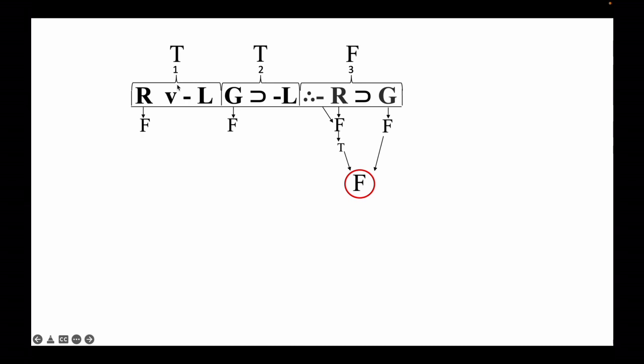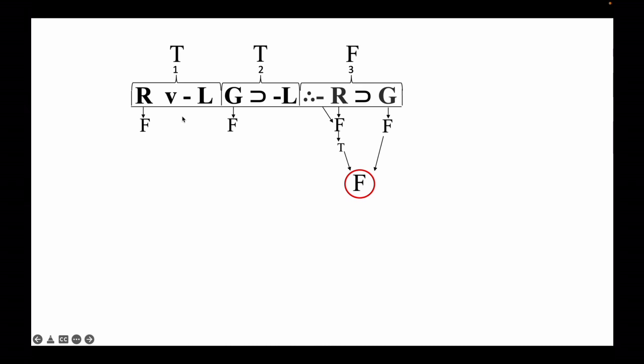Premise 1 can give us a clue because it's a disjunction. And I have the first term, the first disjunct, is false. Consequently, I know that the second disjunct must be true, because if it's false, false and false, I'm not going to be able to confirm the truth of premise 1.